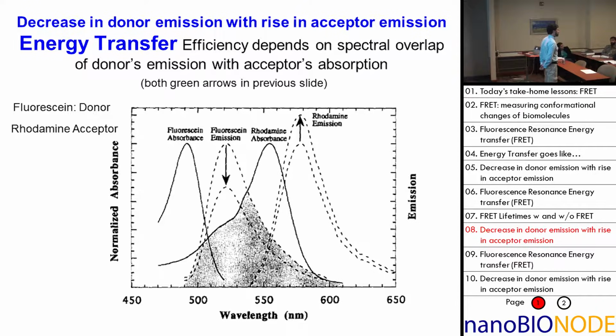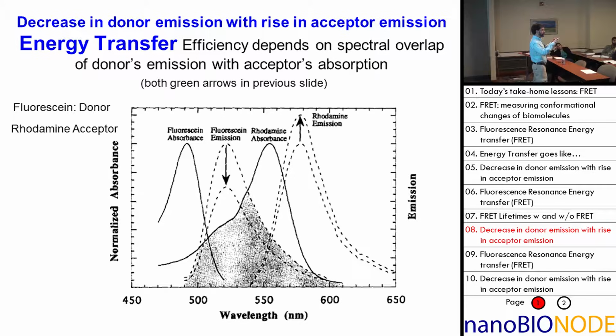But are there cases where even at very, very close distances that transfer is still more difficult? Yes, it basically is a function of what R naught is, how efficient the energy transfer is at a particular distance.